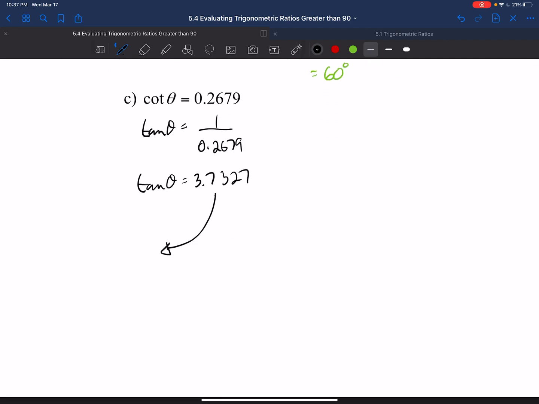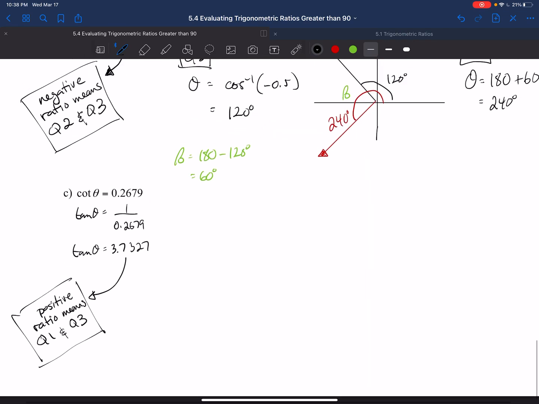So since tan is positive in quadrant 1 and quadrant 3, I'm going to look for that. So if I type this into my calculator, I get 75 degrees.